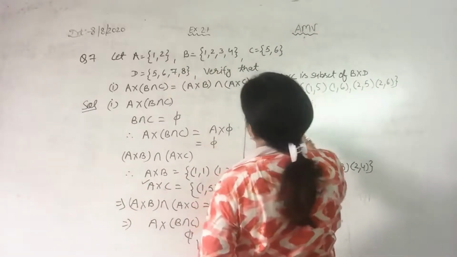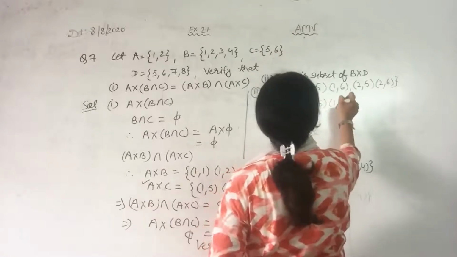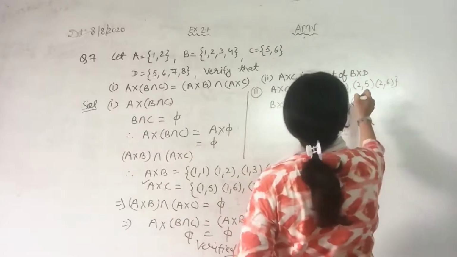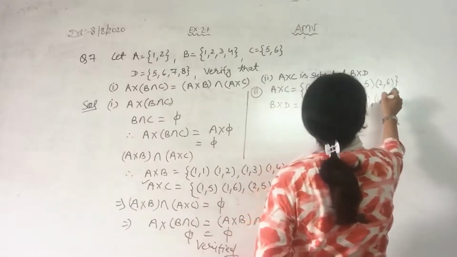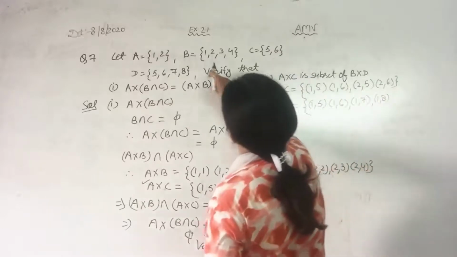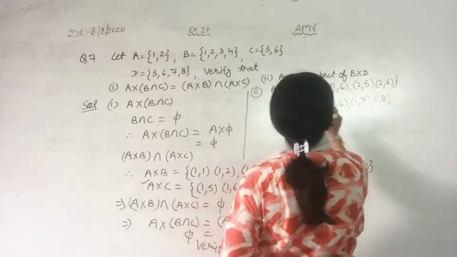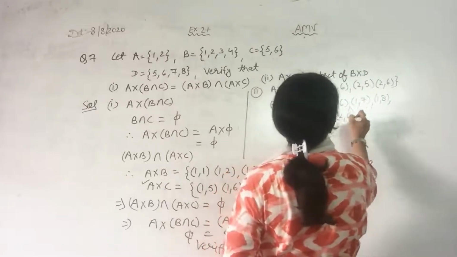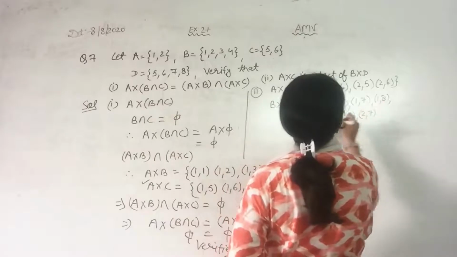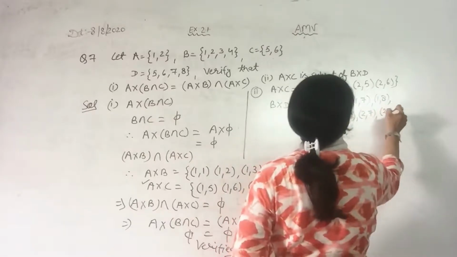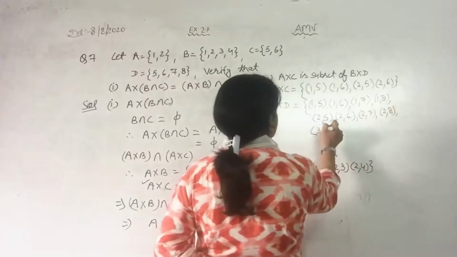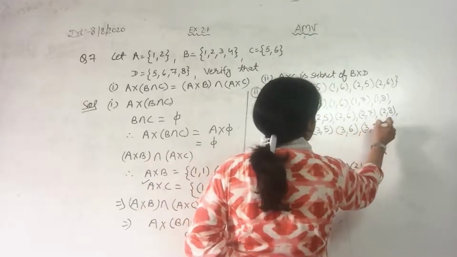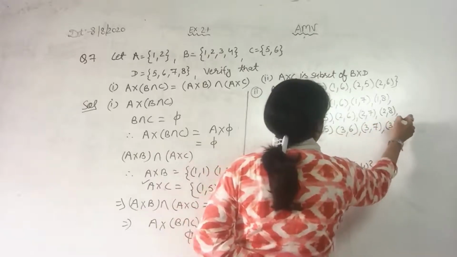So it's (1,5). Write all elements. Here (1,6), (1,7), (1,8). Next elements: (2,5), (2,6), (2,7), here (2,8). Next (3,5), (3,6), here (3,7), it's (3,8).